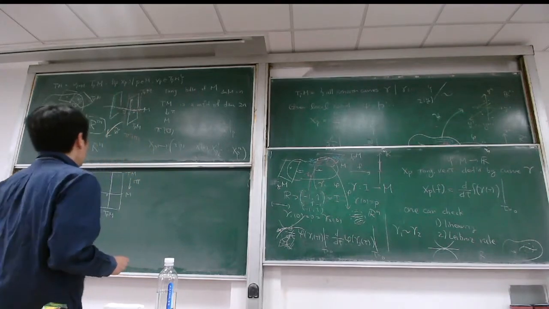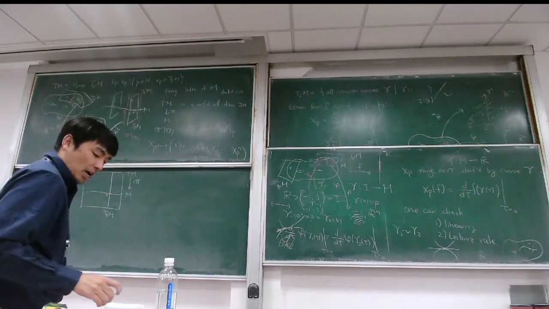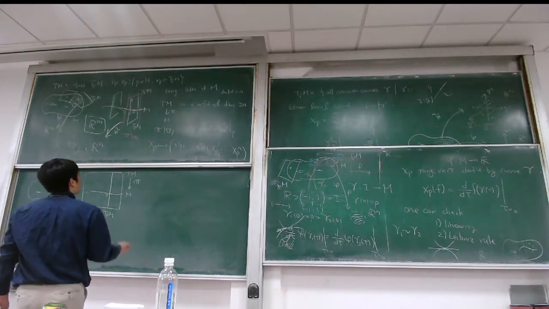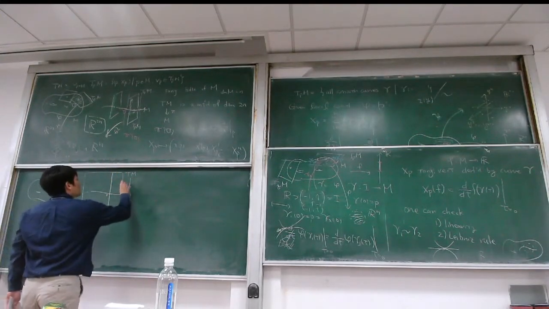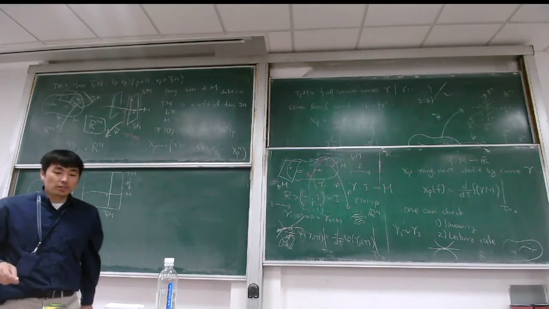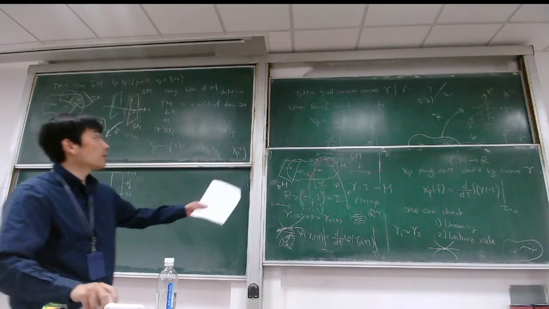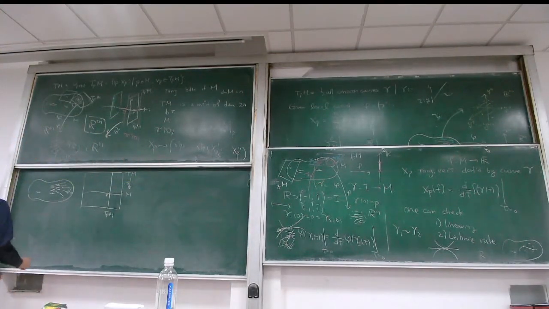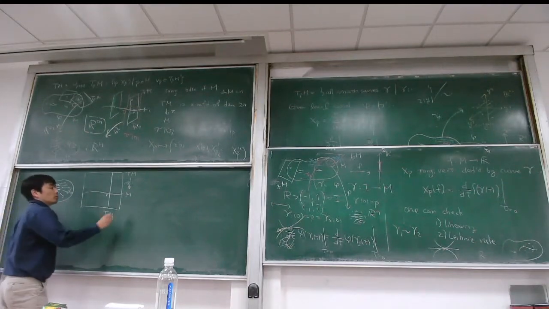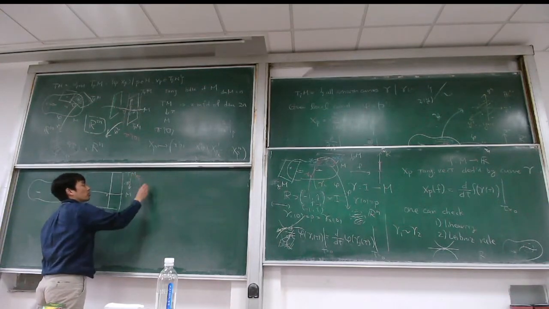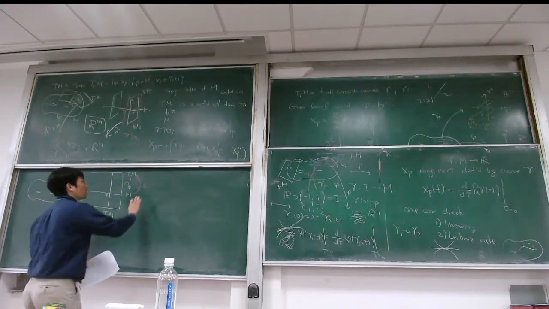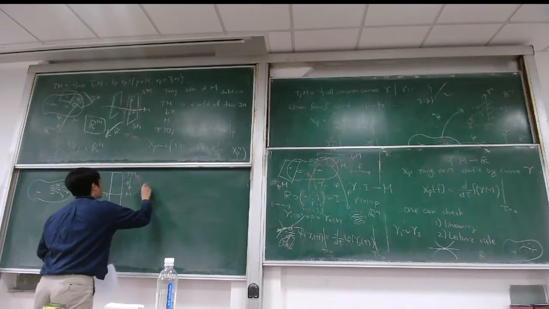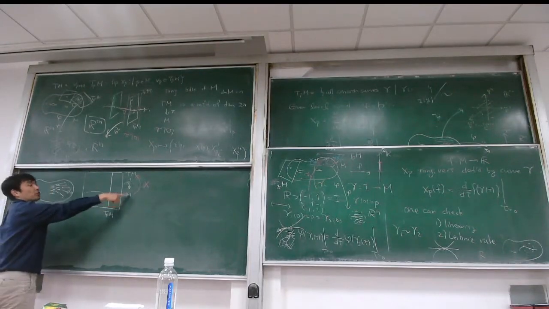But there is some kind of opposite way of doing it, similar to the graph I have written down before. One can define the so-called section. I call it X, the section, which is a map from M to TM.